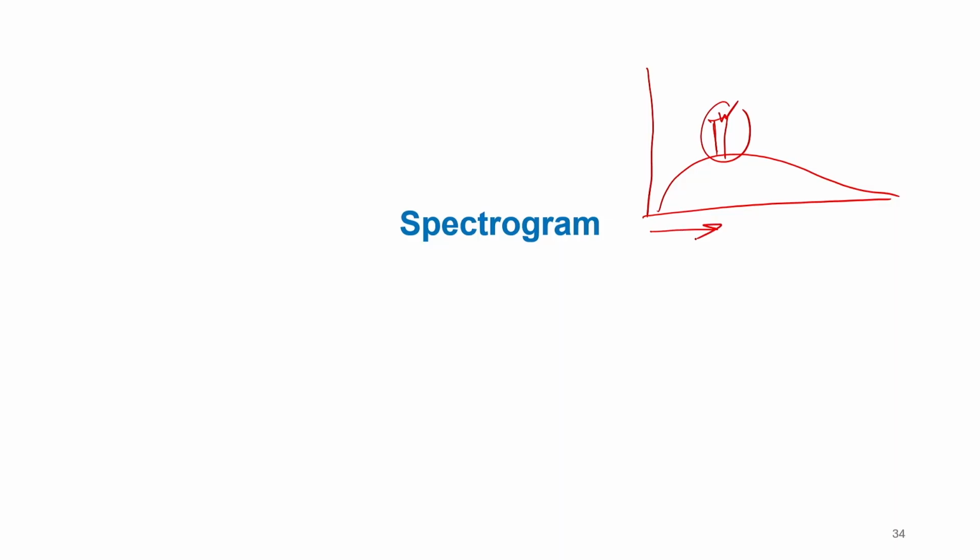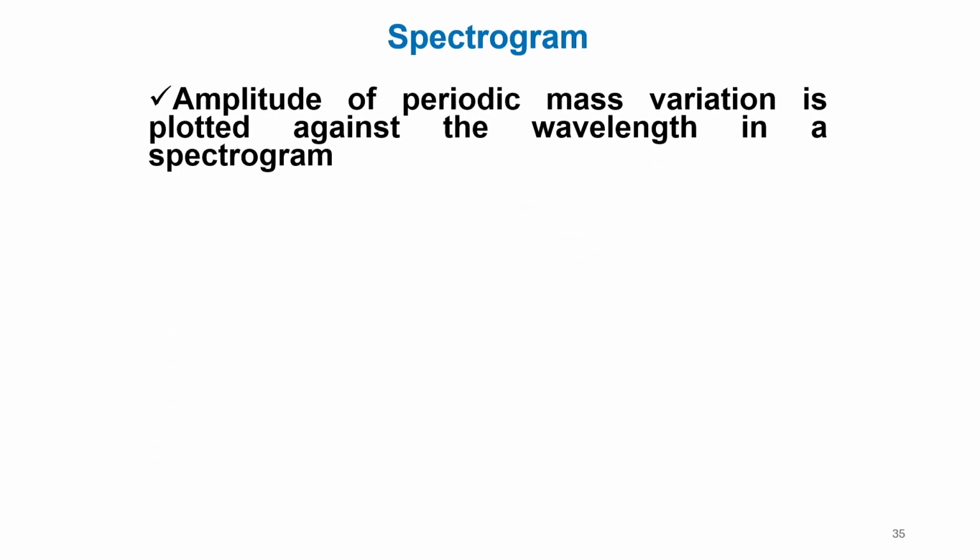At a particular wavelength, the wavelength is given on the x axis and on the y axis it is the amplitude. I will discuss all these issues in this section. The amplitude of periodic mass variation is plotted against the wavelength.